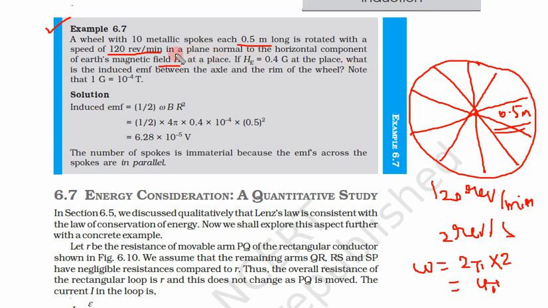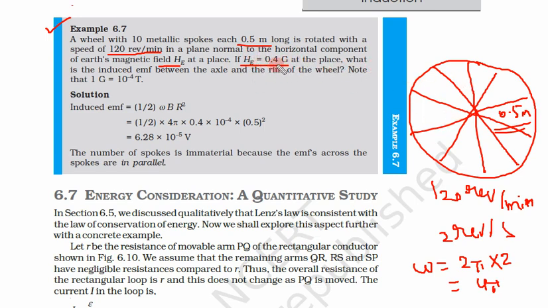Now this is in a plane normal to the horizontal component of Earth's magnetic field, so Earth's magnetic field is normal to this plane. If H_e is equal to 0.4 G, we have already learned that Earth's magnetic field is around 0.5 Gauss, here 0.4 Gauss at the place where we are rotating this.